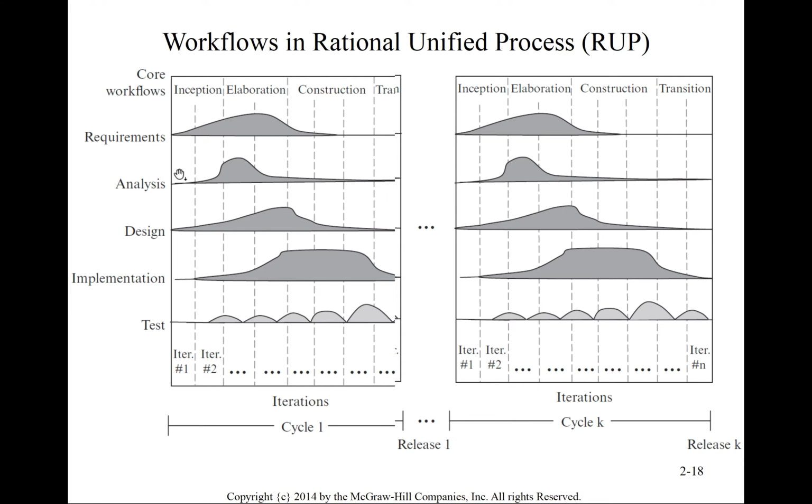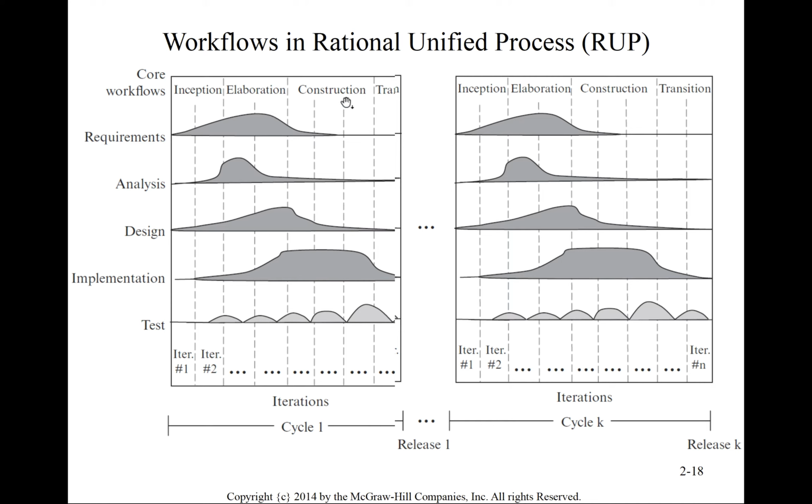So in an early iteration, we spend more time doing requirements, and then gradually we do a little bit of analysis and design, and the more we go on, the less we do requirements, but the more we do coding and perhaps testing.